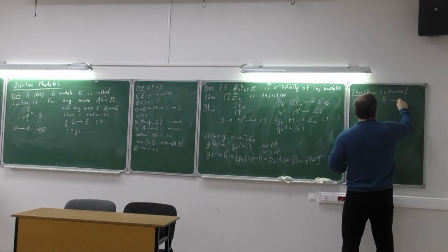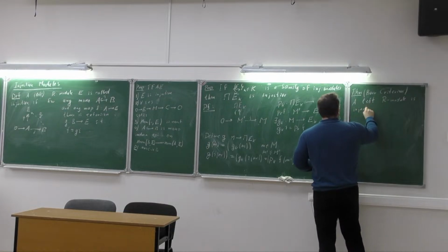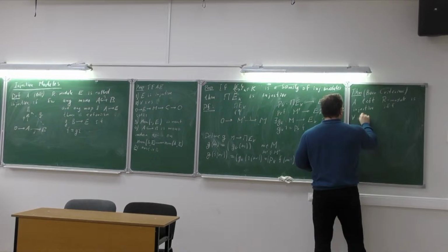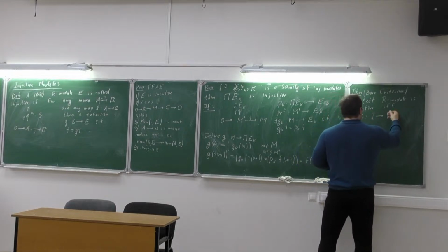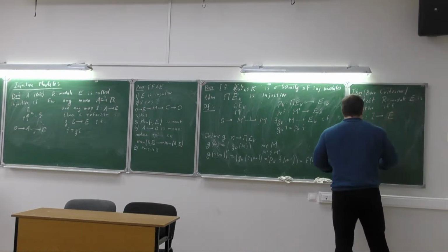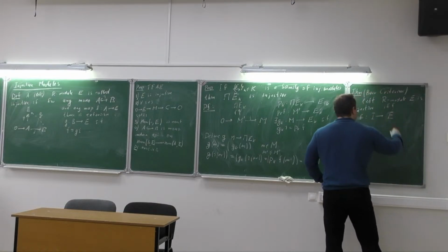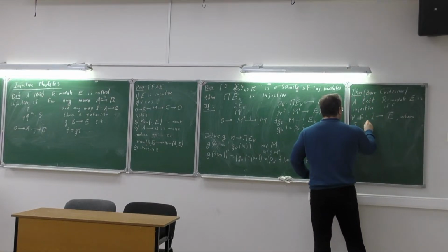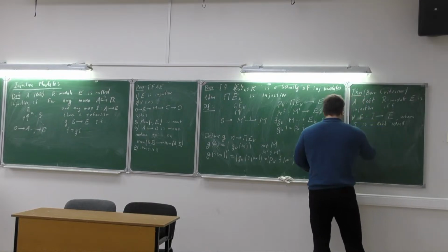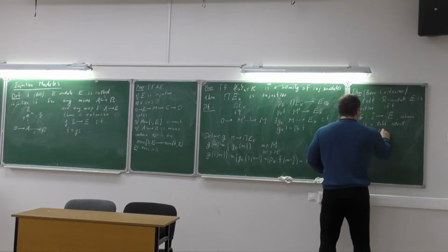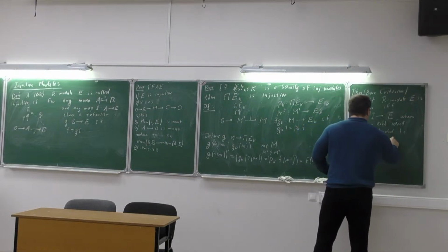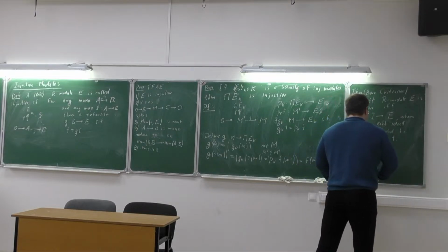So a left R-module E is injective if and only if you have the following property: for any left ideal I and any map F from the ideal to E, F can be extended to a map G from the ring to the module E, such that we have a commutative triangle.